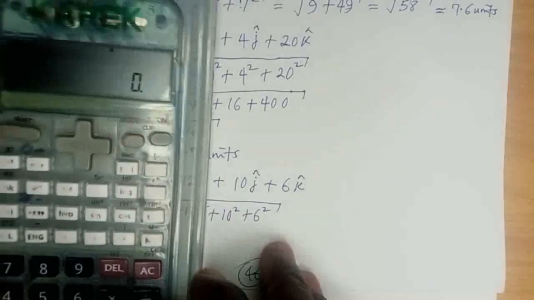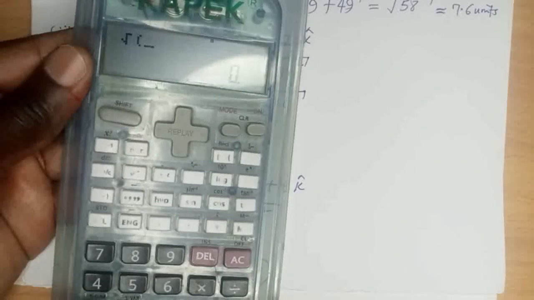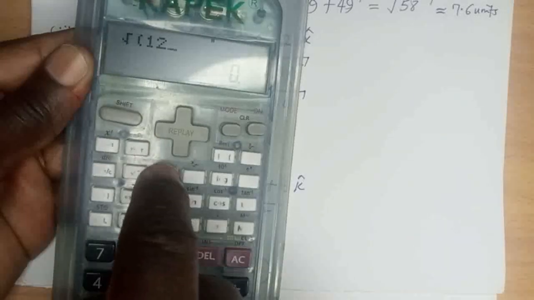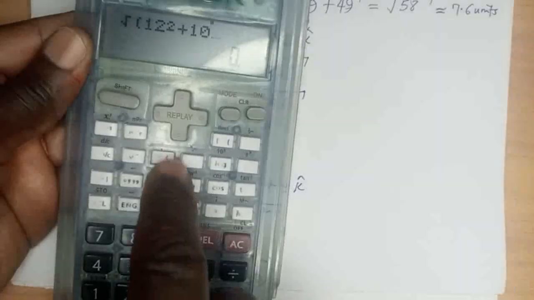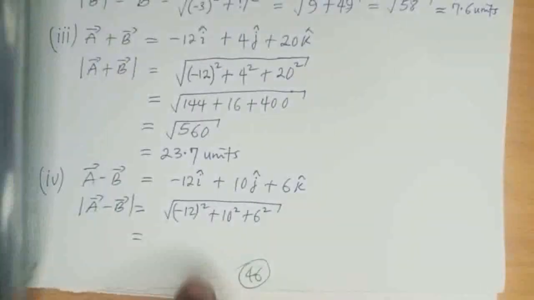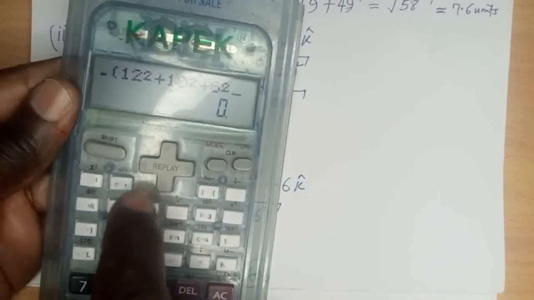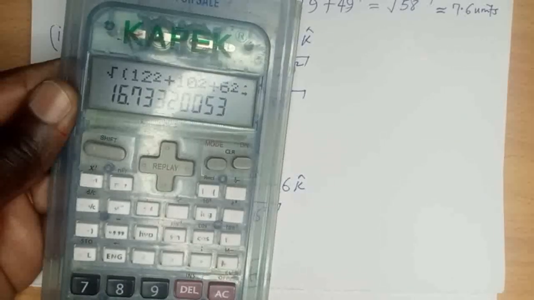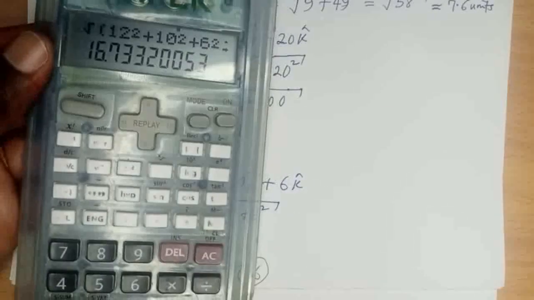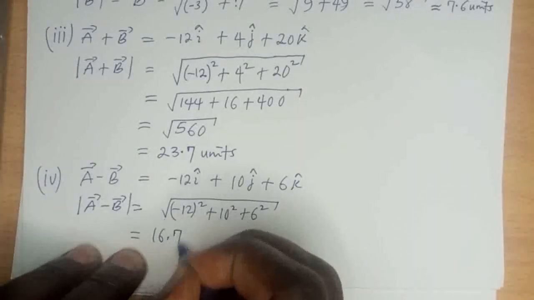I press square root, open the bracket, press 12 and ignore the negative sign, then square, plus 10 squared, plus 6 squared, and close the bracket. Then I press the equality sign. This gives me 16.73, or 16.7 correct to one decimal place, and this is 16.7 units.